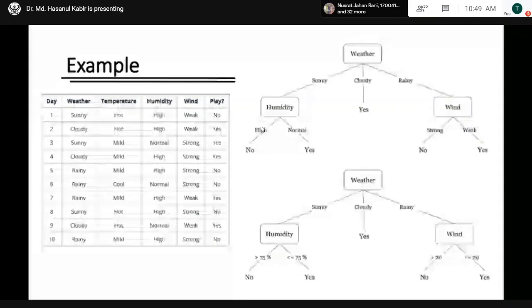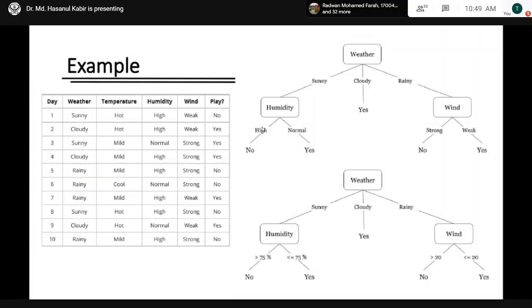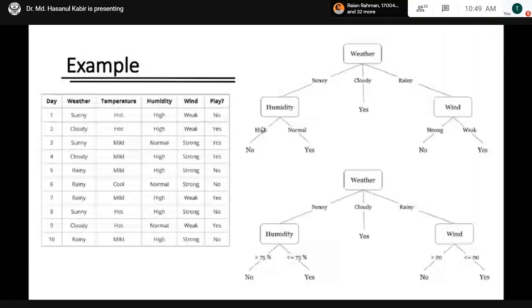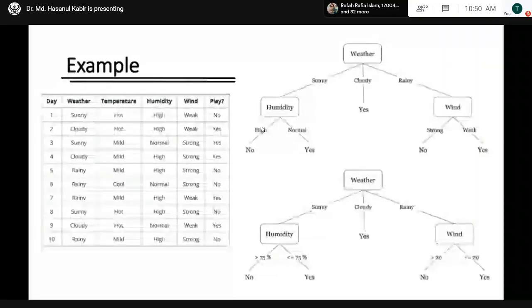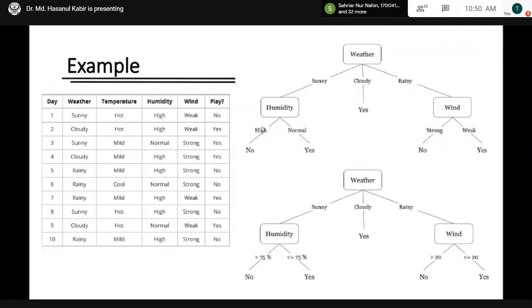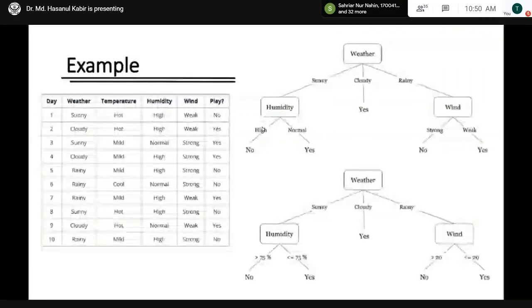But since you now have 3 possibilities to pick as a splitting point, to pick among those 3 possibilities, what do you think? What will you do? Of course, you will pick the one which will give you the lowest entropy, right? Yes or no? Yes, sir. Is this understood?